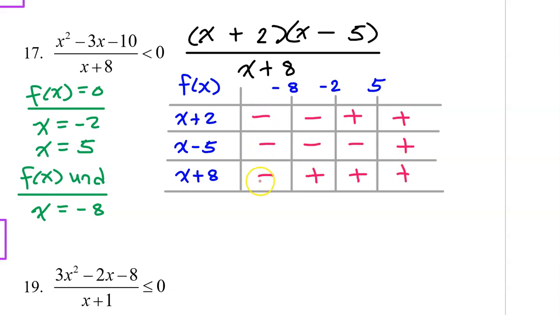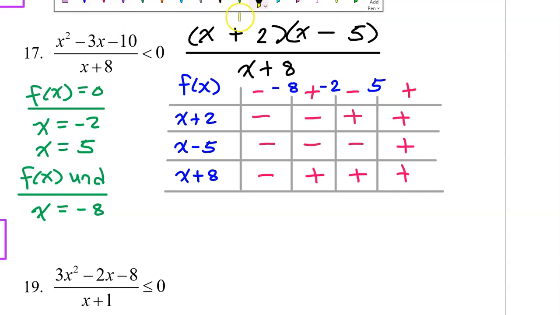Look at the odd number of negative signs. F of x will be negative in this interval, positive in the next interval, negative in this interval, positive in this interval. We are looking for where f of x is less than 0. In other words, where f of x is negative. We will not include any of these endpoints because we are not interested in where f of x is equal to 0 or where it's undefined.